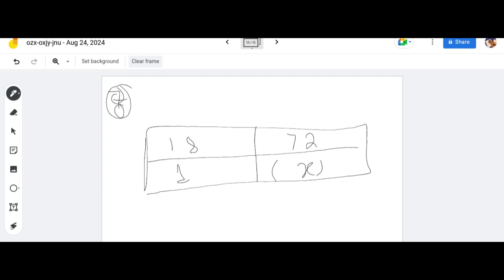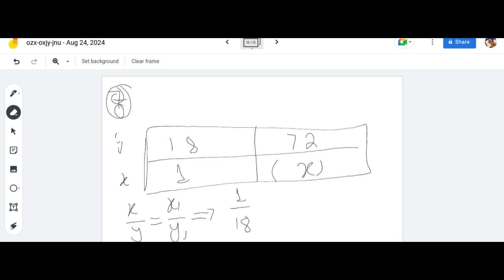So we have to do the same formula, like xy is equal to x1 y1, is it? Yes. Now you have to put the values, and what for the x and what for the y.